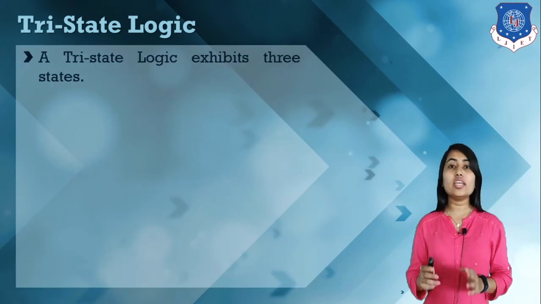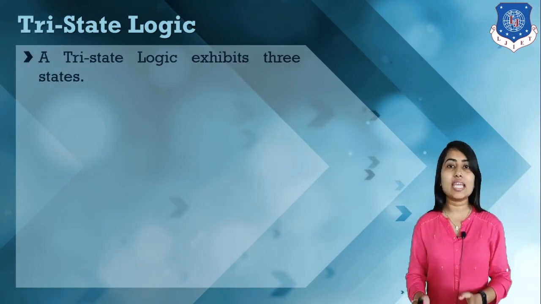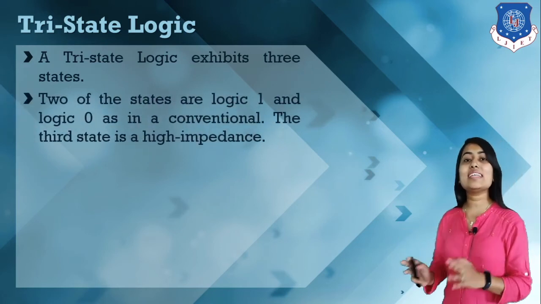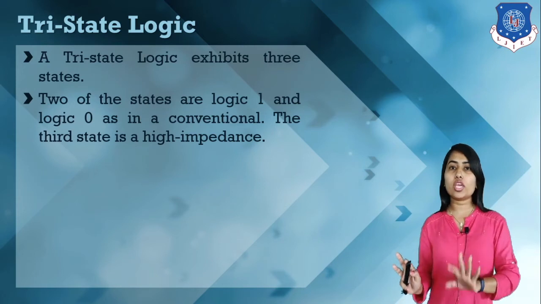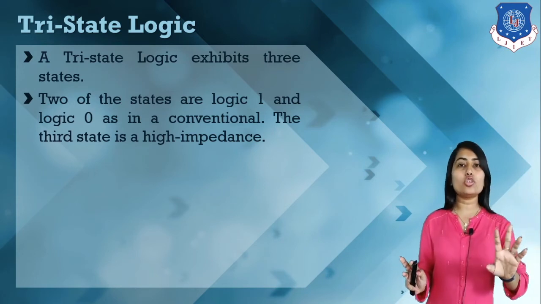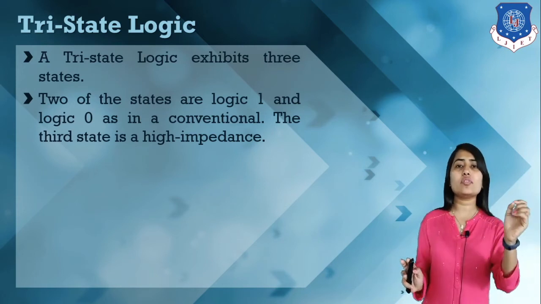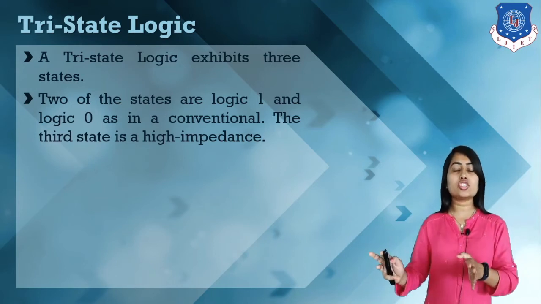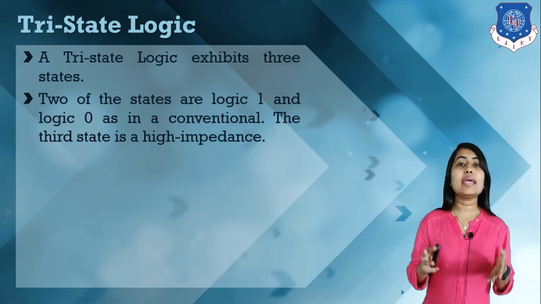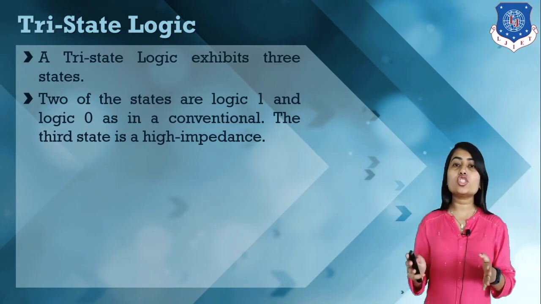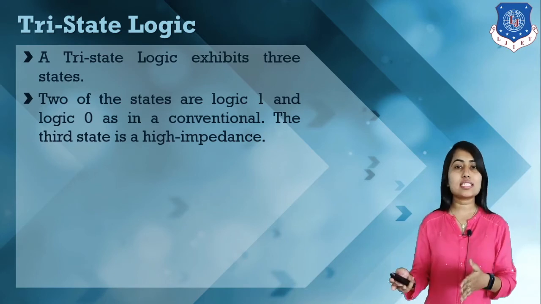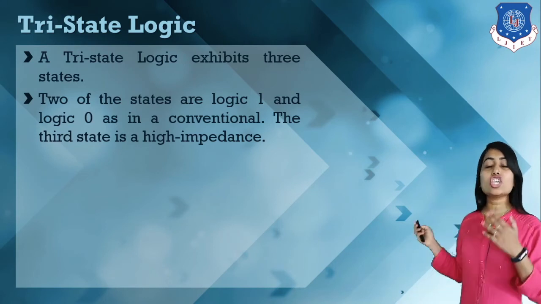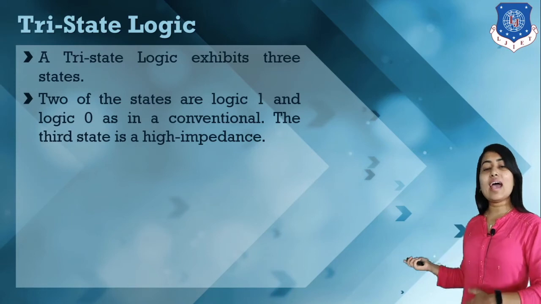In tri-state logic we have 3 states, of which two are normal, that is logic 0 and logic 1. The next state is the high impedance state, an additional state. So we basically have three states: logic 0, logic 1 and the high impedance state.